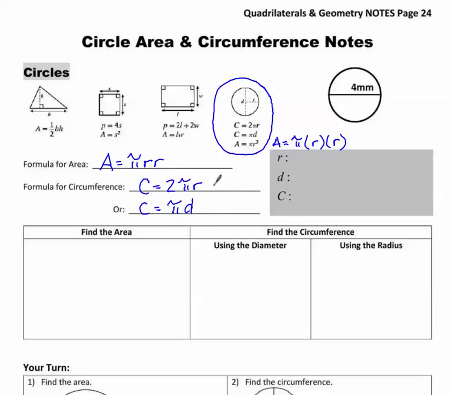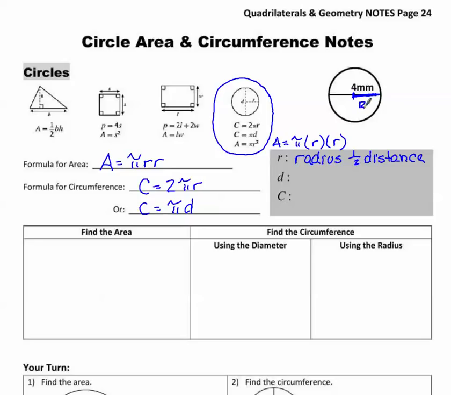So let's talk about what those letters mean. R stands for radius, which is half the distance of the circle. So if we look at this measurement here, this 4 millimeters represents the full distance. The radius right here is half.